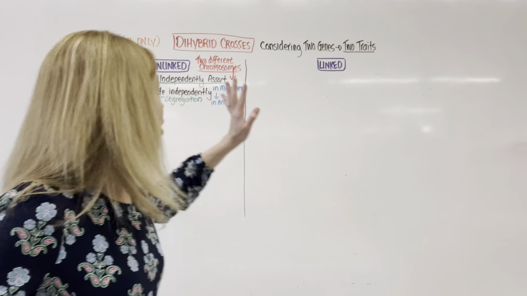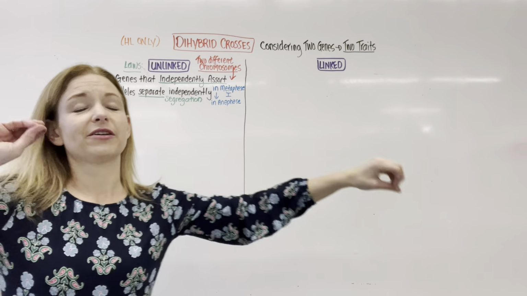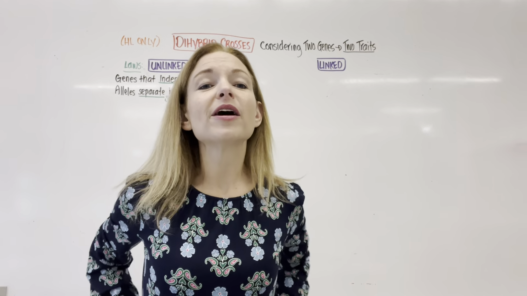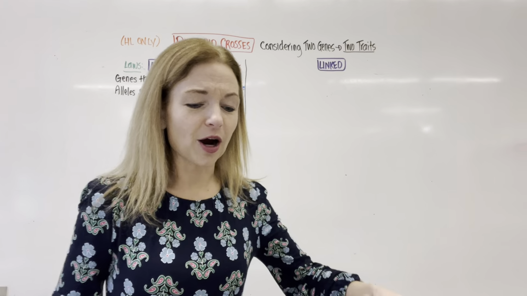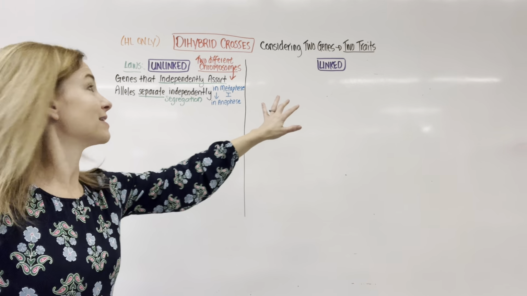Okay, so again, our first assumption is that they are on two different chromosomes. We also understand that if they are on the same chromosome, but really far apart, they're also going to act this way.